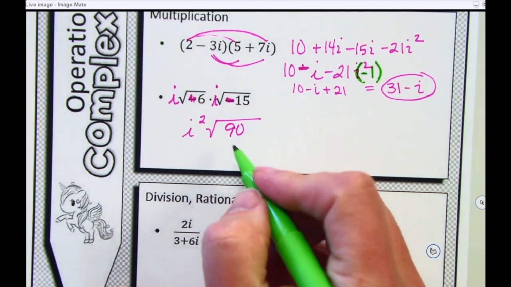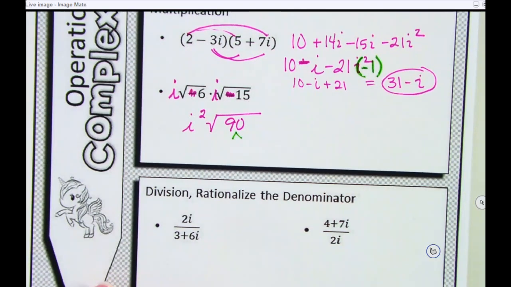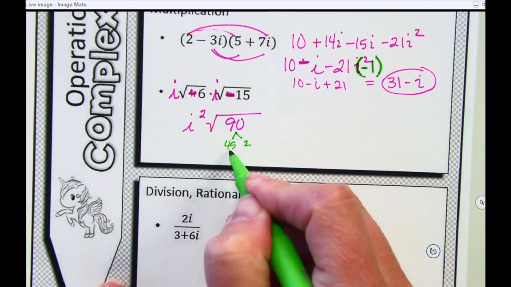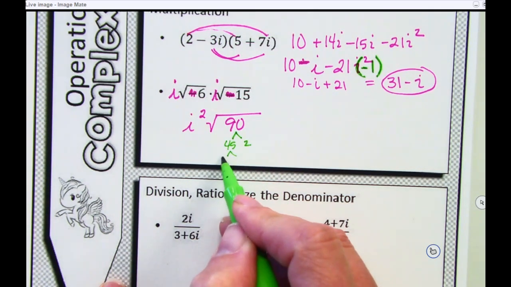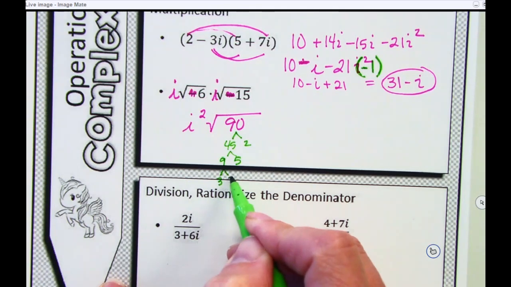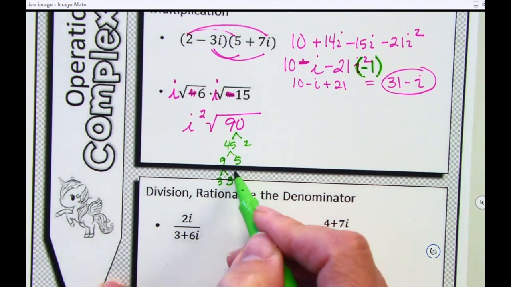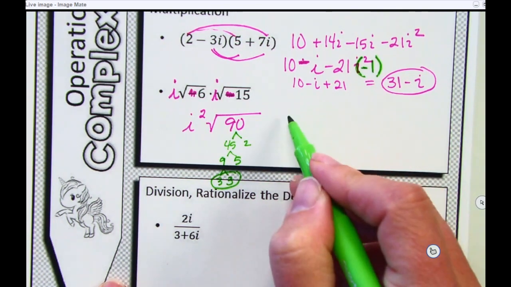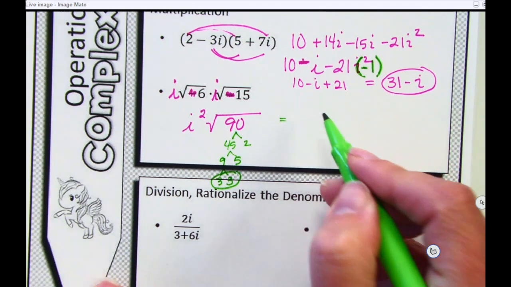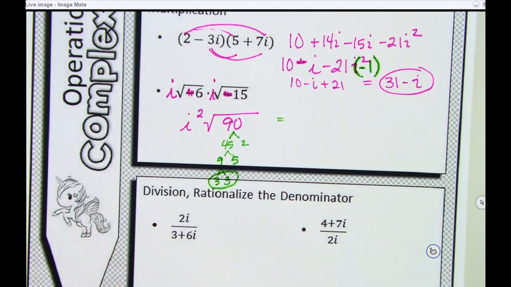Need to break it down. Give me two numbers. 45 and 2. 9 and 5. 3 and 3? Yep. All right, so that simplifies to, I know I've got this negative 1 out front.